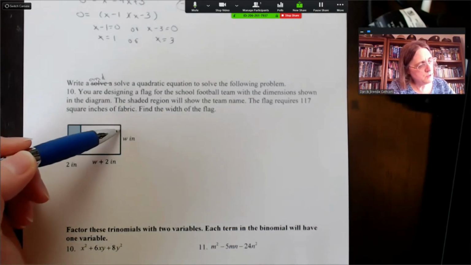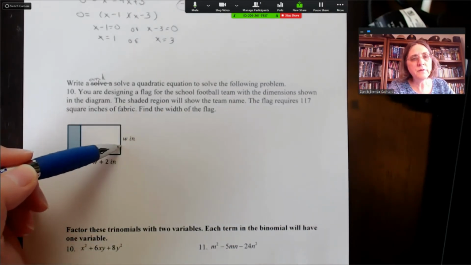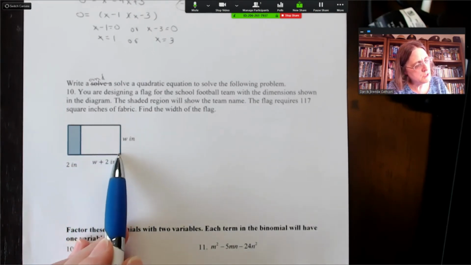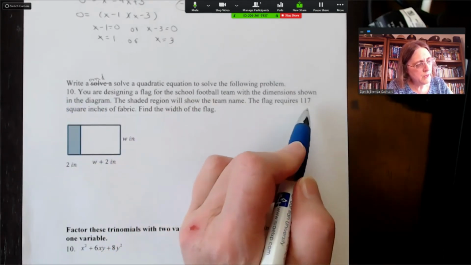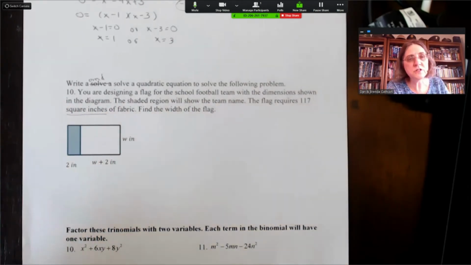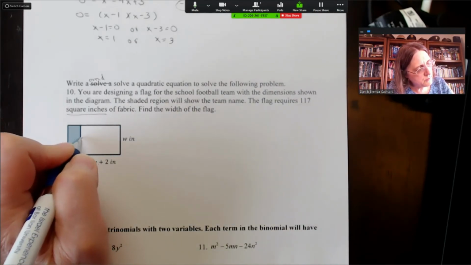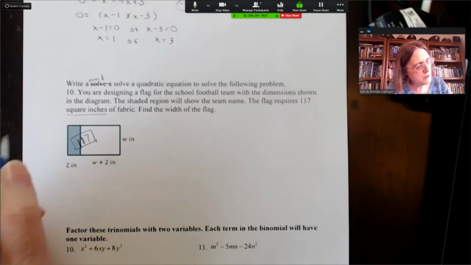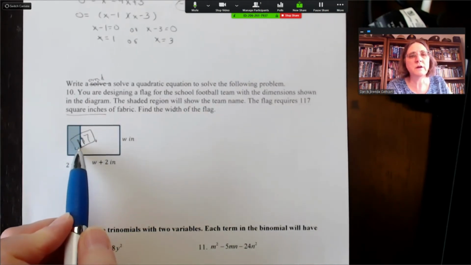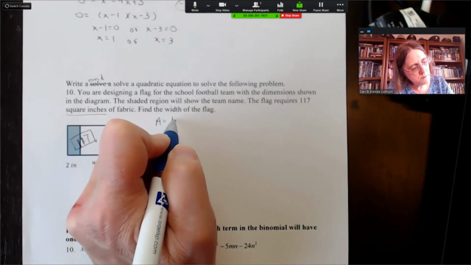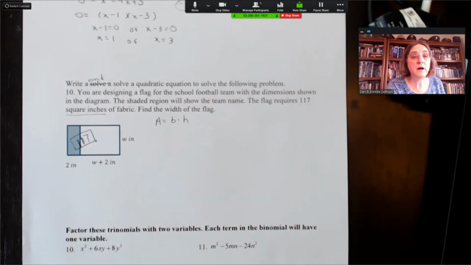So I'm looking for the width of the flag, which is W. The shaded region is 2 inches wide, and the unshaded region is W plus 2. And I know the total area, because we have square inches, that's area. My total area of the shaded and unshaded parts is 117 square inches. So to find the area of a rectangle, the area of a rectangle is the base multiplied by the height.